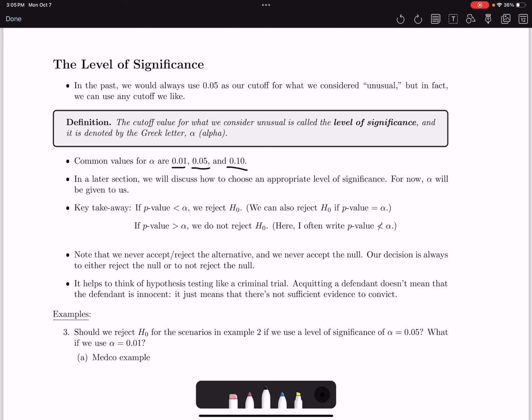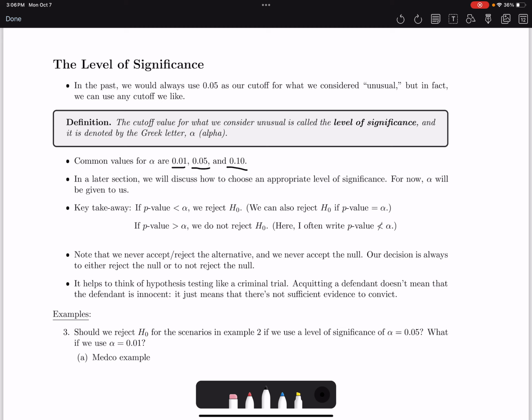You might think, what's the difference between saying I'm not going to reject the null and saying that I accept the null? To answer that question, it might be helpful to think of this in terms of a criminal trial. When a jury acquits a defendant, it doesn't mean that the defendant is innocent. It just means that there's not sufficient evidence to convict them. It could very well be that the defendant is guilty, but there just wasn't sufficient evidence to convict.